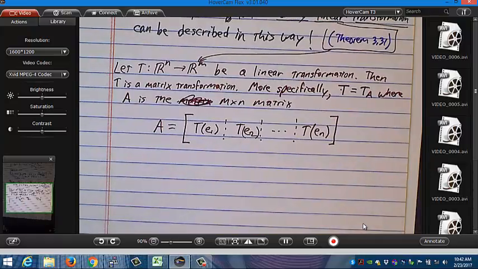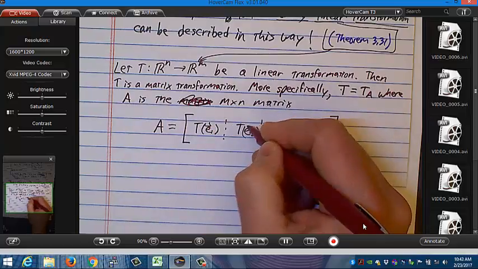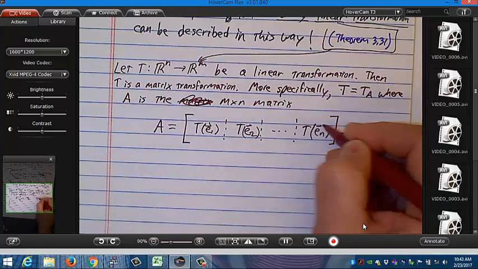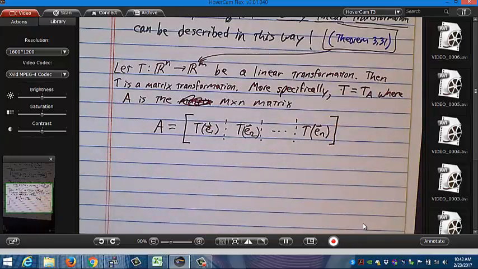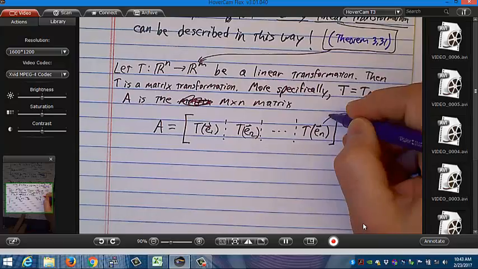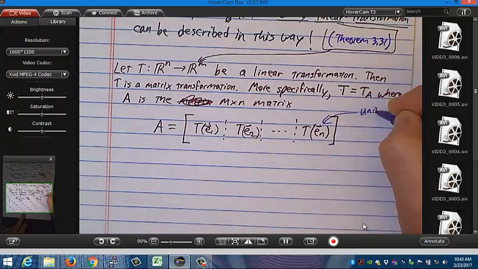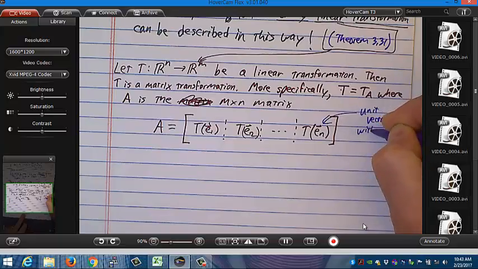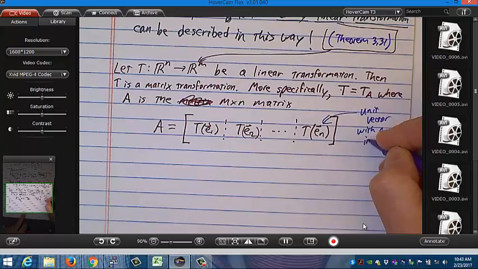Do you know what these vectors mean? Identity column, yeah, that would be one way of saying it. It's a unit vector, with a 1 and the rest zeros.